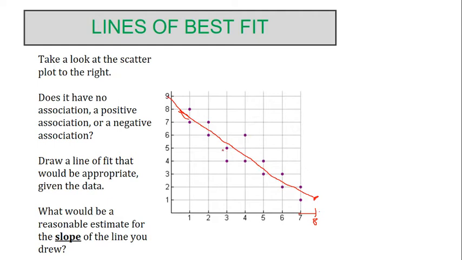Again, this isn't an exact science, but I'm going to pick maybe this point, and let's see if I can come up with another one that's pretty close to a corner. How about this one? Remember, slope is rise over run.